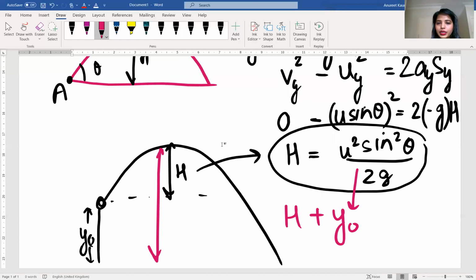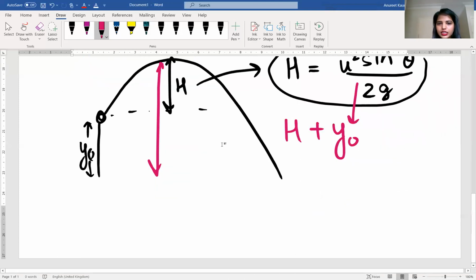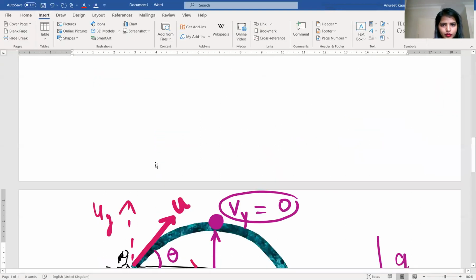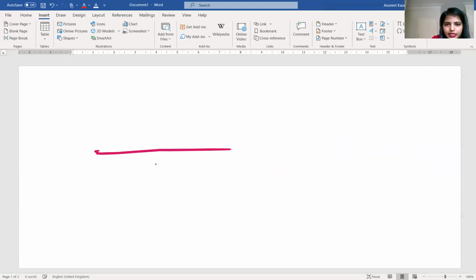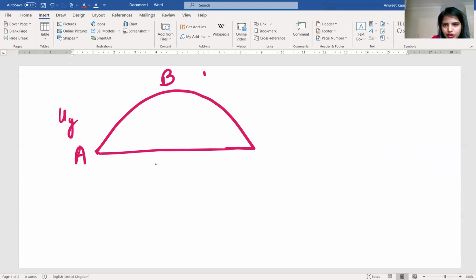Next, how can you find the time of flight? As I said, the object is going like this. In going from point A to B, initially my vertical component of velocity is uy, then it is vy, which is 0.